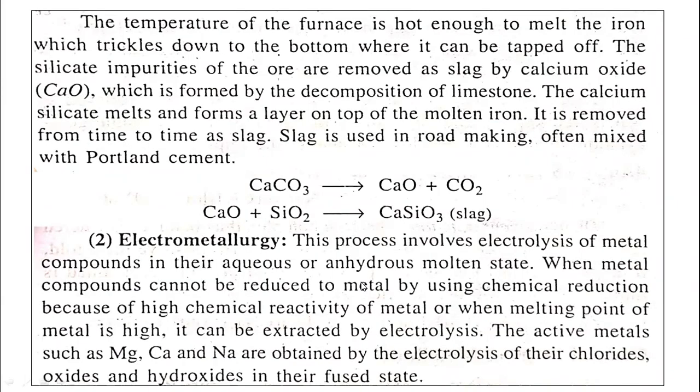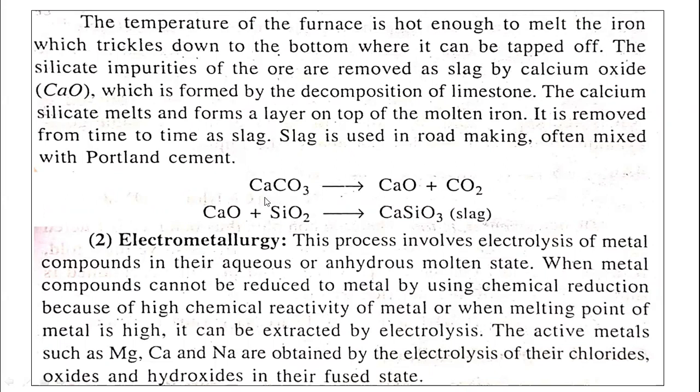Now at the same time, as the temperature of the furnace is so high, it is enough to melt the iron. In this case, the silicate impurities of the ore are also removed, because we are adding limestone, calcium carbonate.